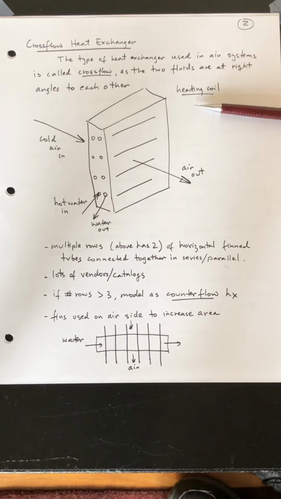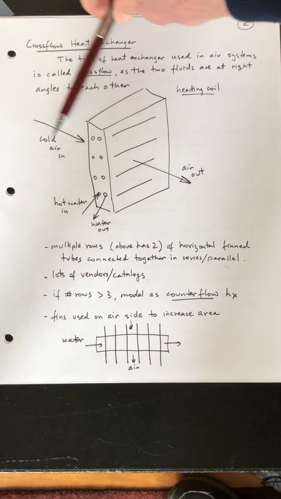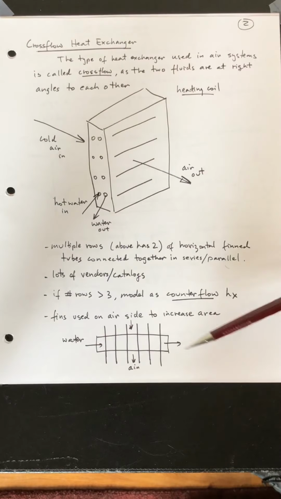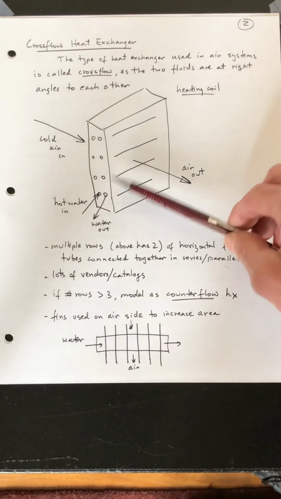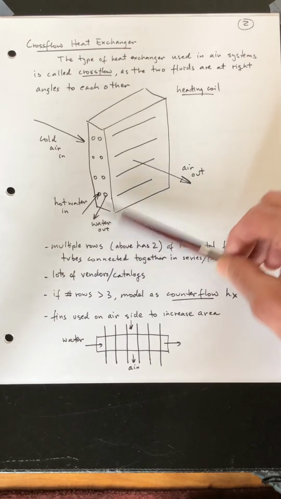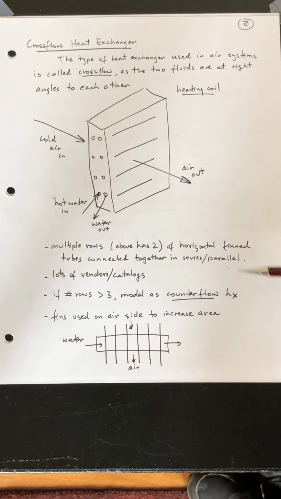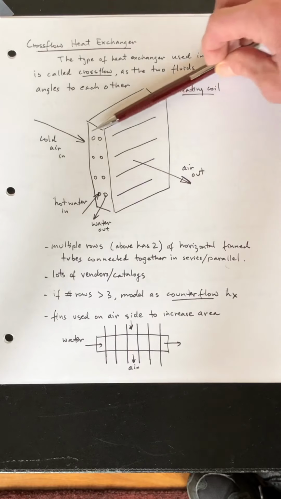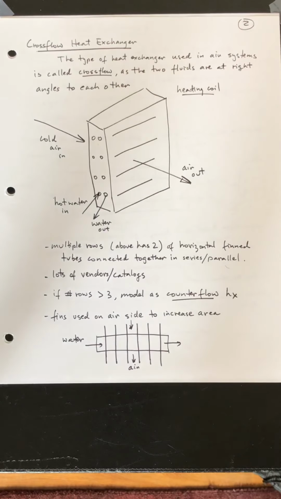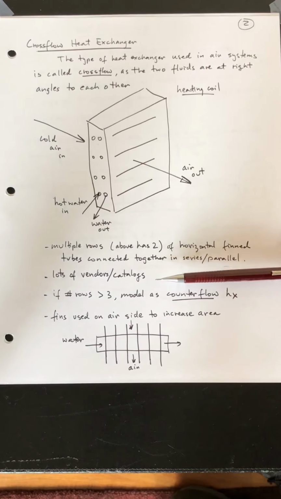And if we just look at a heating coil that you'd see in an HVAC duct, there will be cold air coming in from the left, and it will encounter thin tubes that contain hot water circulating back and forth, and then that heat in the hot water will be transferred to the cold air, and it will come out at a higher temperature. Typically there are multiple rows, and they're connected in various arrangements, series and parallel. Lots of vendors make these, and you can see their catalogs online.